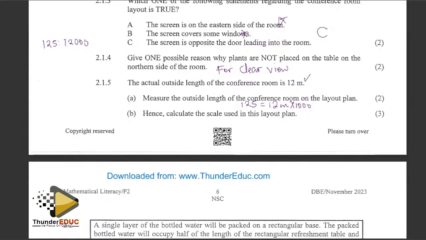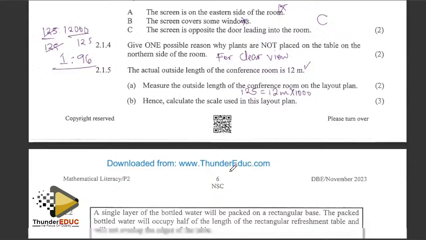Why am I multiplying by 1,000? Because I want it to become millimeters. So I divide through by 125, divide through by 125, and the answer becomes 96.